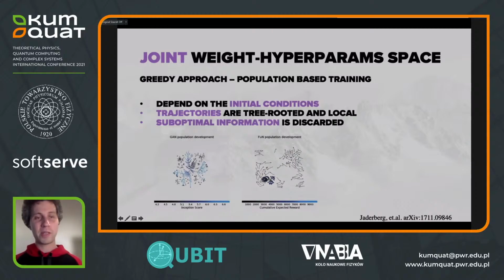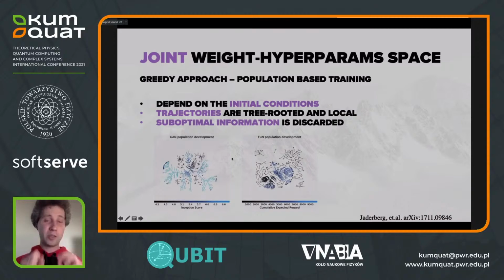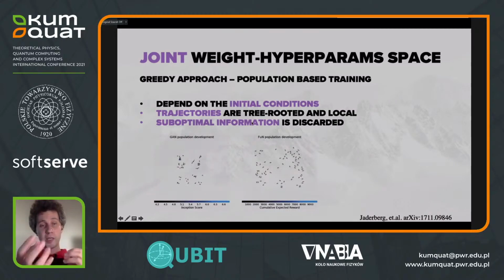It very much depends on initial conditions. As you start training, you select some random initial conditions, and then these trajectories are rooted and very much local. They start from some initial condition. And moreover, you discard a lot of information as you train.